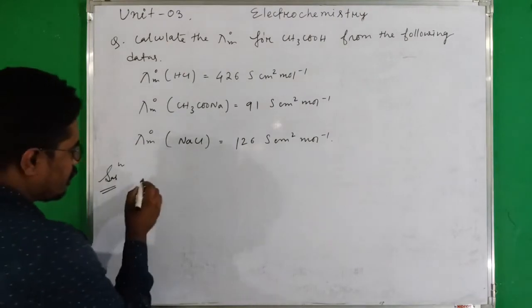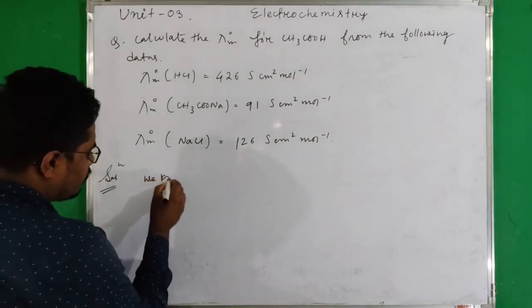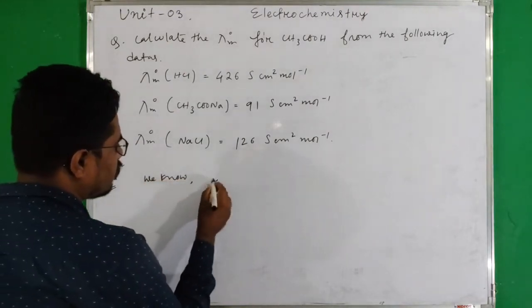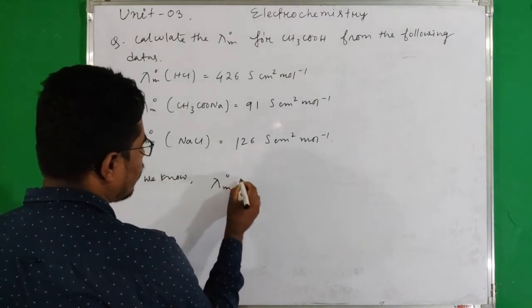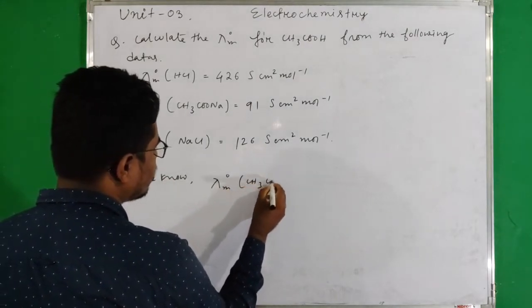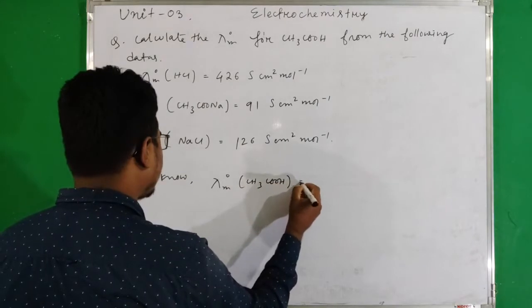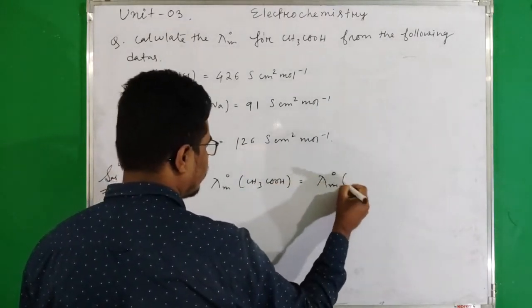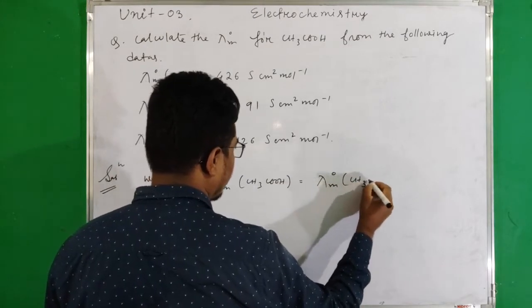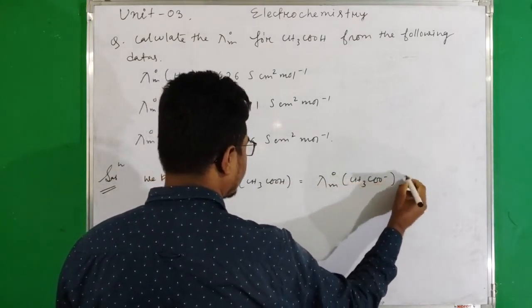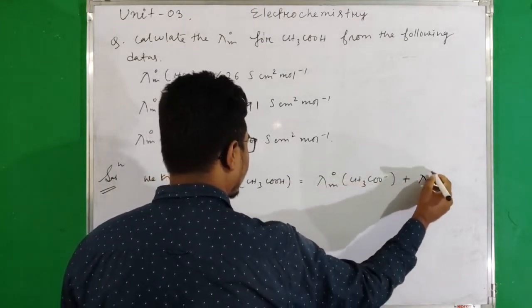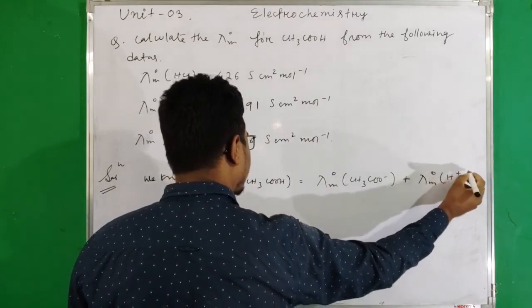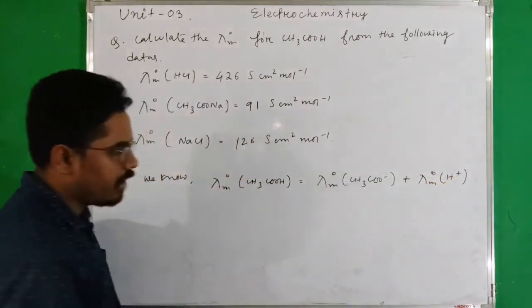Okay, so we know according to Kohlrausch law, lambda m naught for acetic acid is equal to the sum of lambda m naught for acetate ion and lambda m naught for H positive ion.